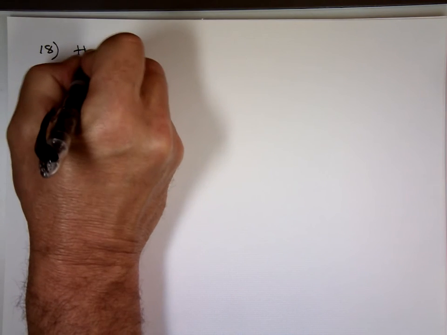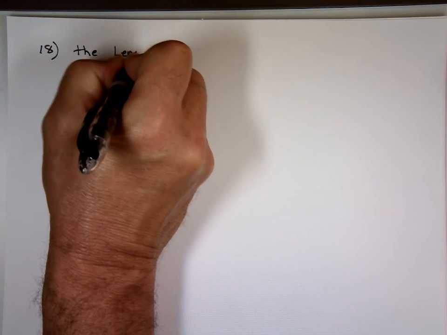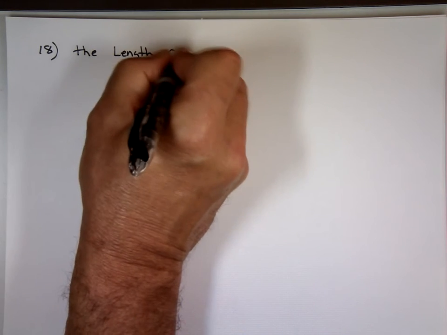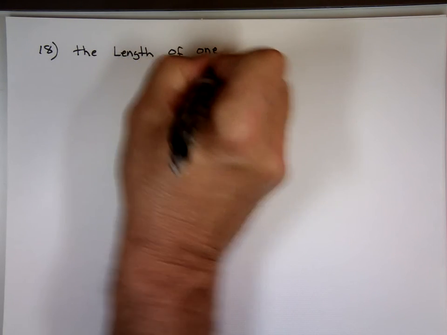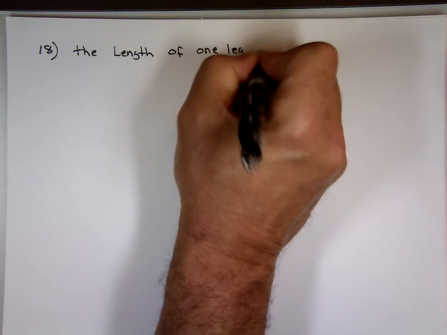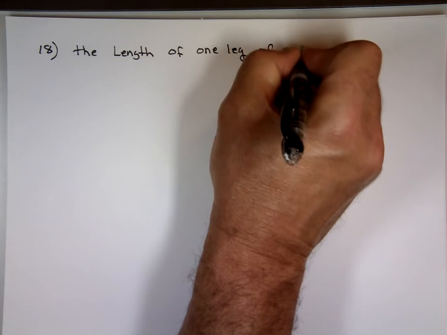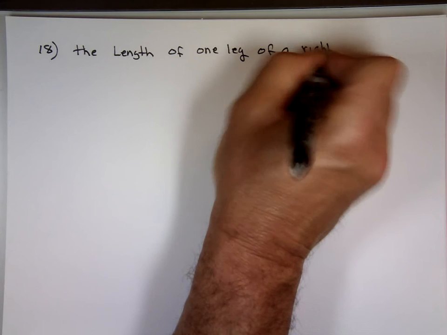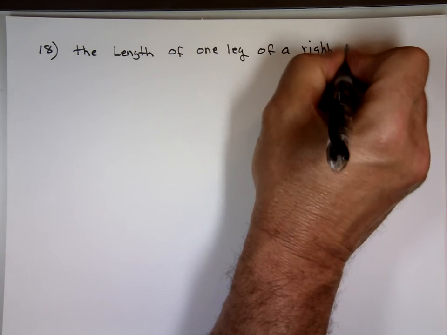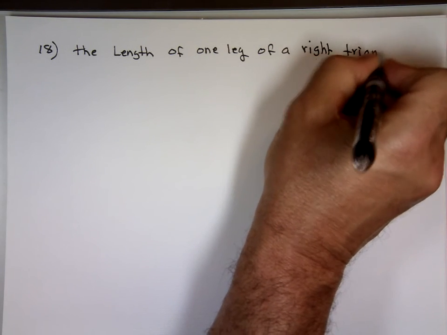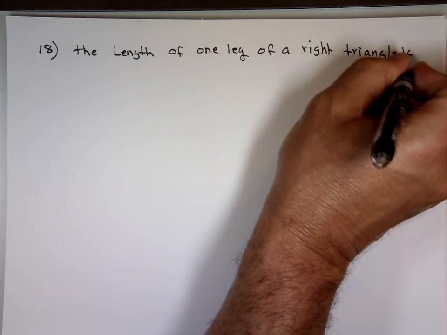Another question. I'll do 2 more, 3 more. The length of one leg of a right triangle is 5 centimeters.